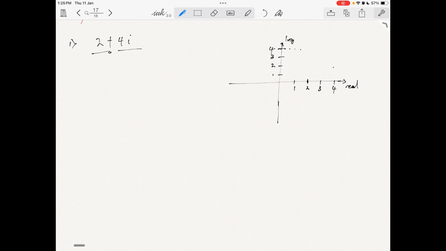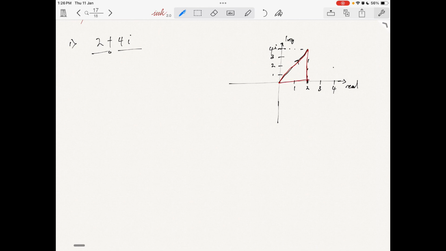We are concerned with the positive real axis and the positive imaginary axis. So, 2 and 4i. Okay, so the complex number is directed like this. So in essence, we can bring out this triangle.